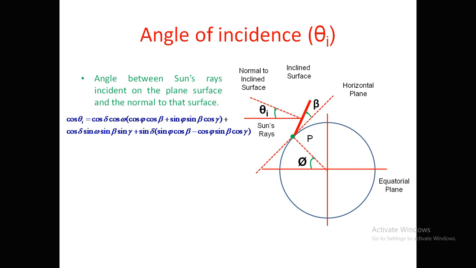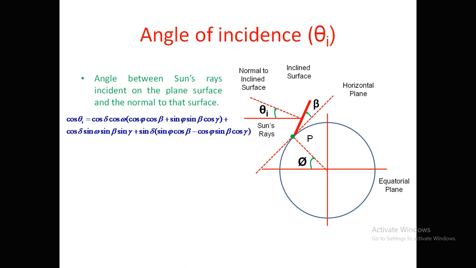So this is the formula for it. Please try to remember this. Cos theta I, where theta I is the angle of incidence, is equal to cos delta. What is delta? It is the declination angle. Cos omega, it is the hour angle. Cos phi, it is latitude.